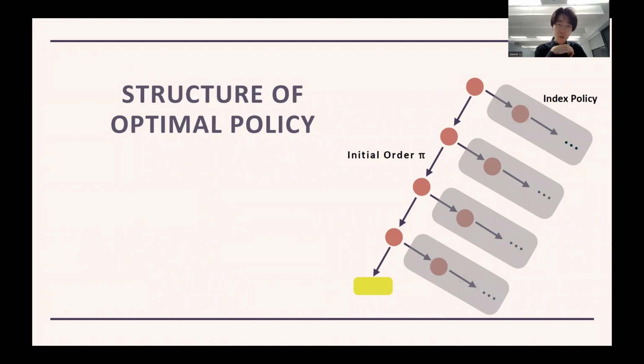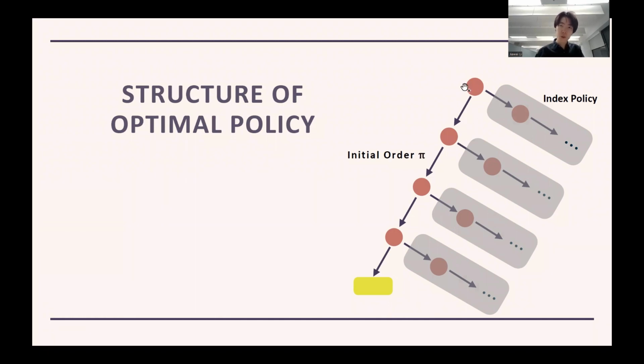Now I will mention what the structure of the optimal policy of the POI actually looks like. So it could be adaptive, but not that adaptive. So it's more complicated than the classical setting, but not very complicated. So the optimal policy will still have an initial order pi over all the boxes.